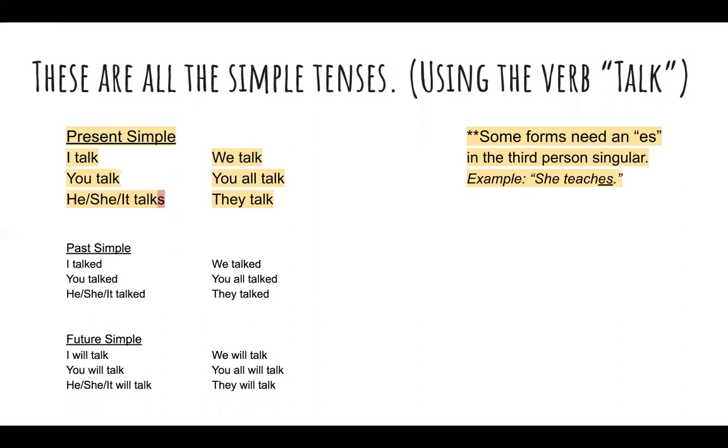Sometimes if you have a verb that ends in a ch sound, or there are some other ones like this, some forms need an es. So just see when you're reading something, sometimes you need the es. Like, she teaches.